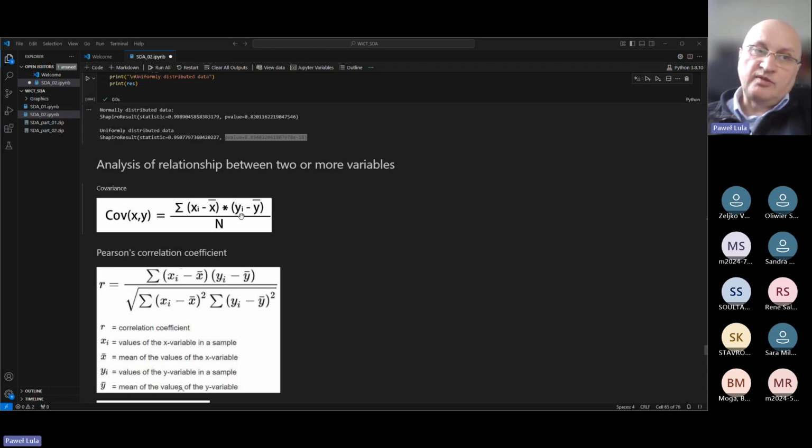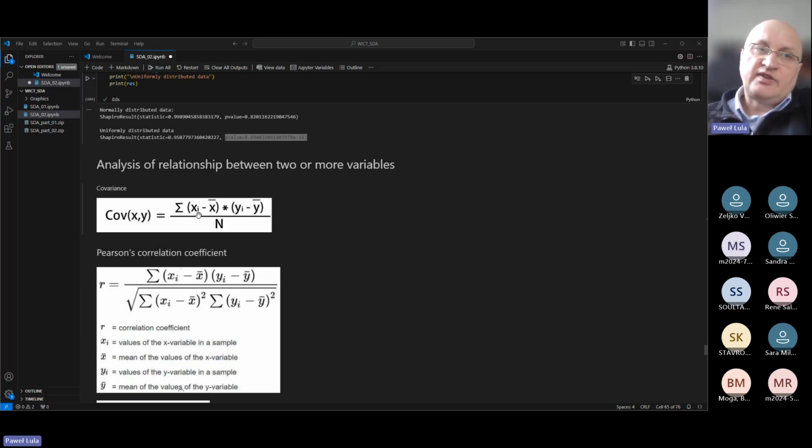And here the same situation, but with the second variable, y variable: the y value for a given object minus the mean value for all objects calculated for this y variable. The average value is a value which is in the middle, in the center of the range from which we have data for x and here for y variable.